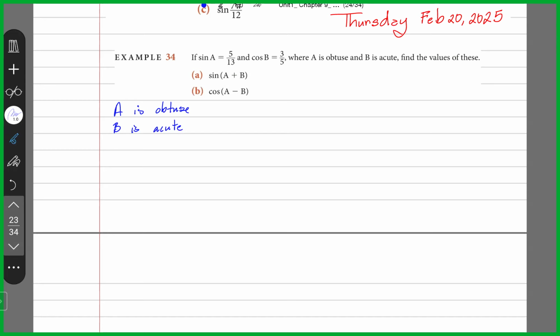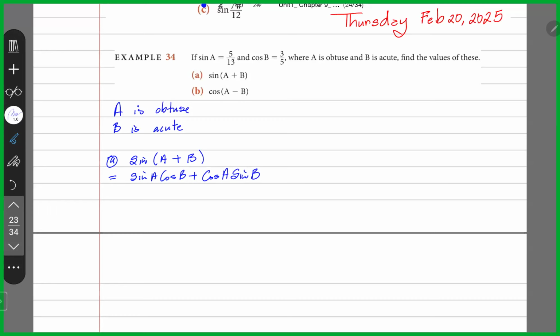We're to find the value of sine A plus B. Now, using the compound angle formula, sine A plus B is sine A cos B plus cos A sine B.